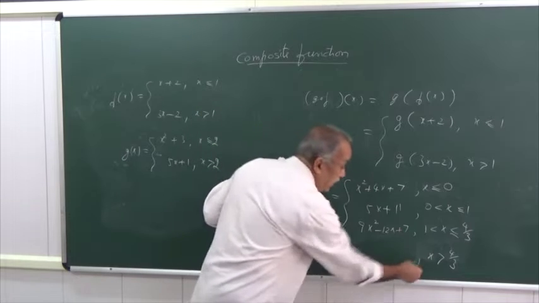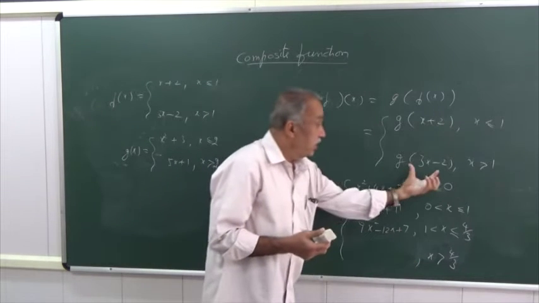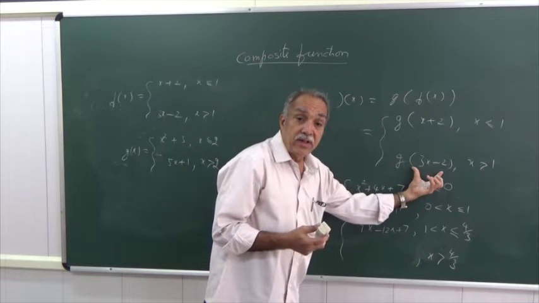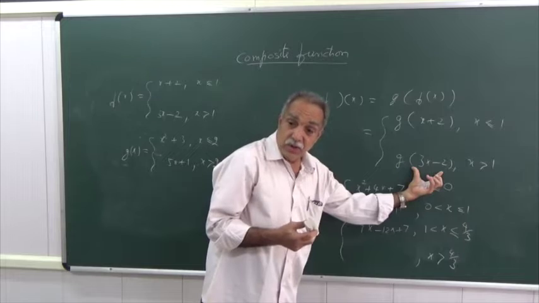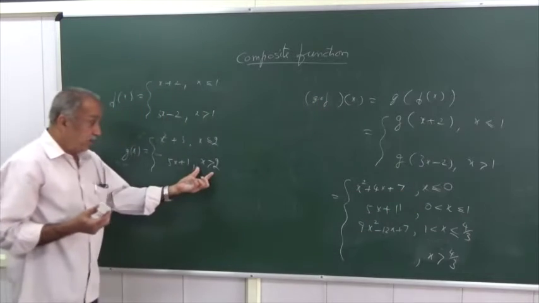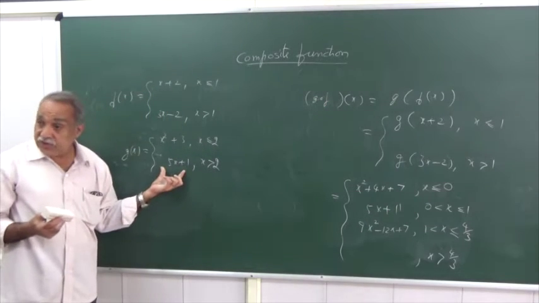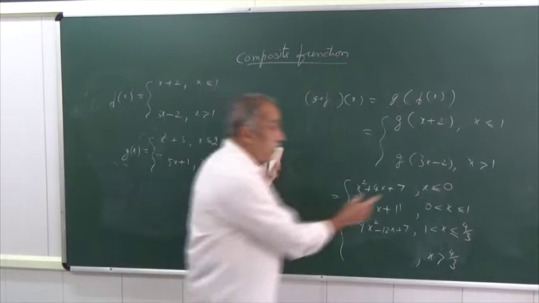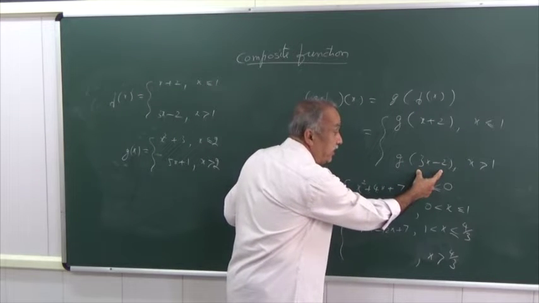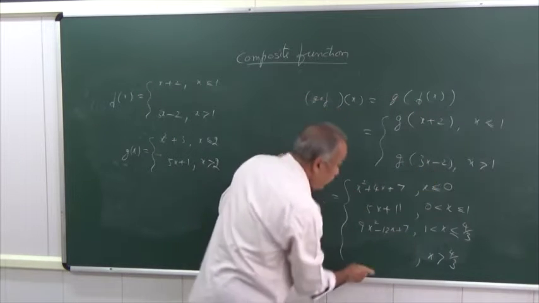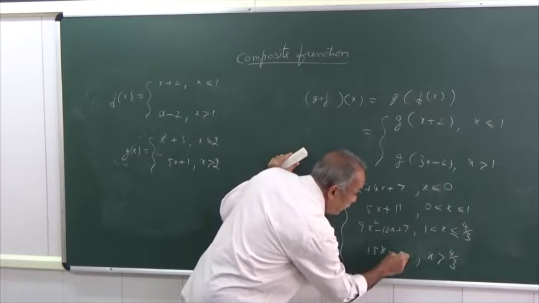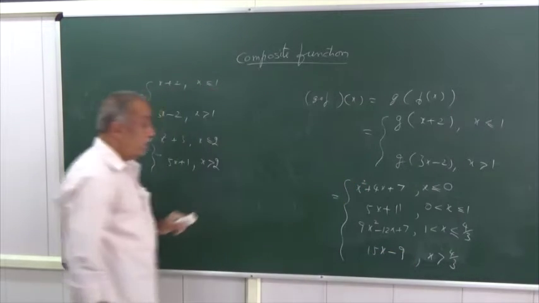Last case, x greater than 4 by 3. This is greater than 2, argument greater than 2, 5 times the argument plus 1, 15x minus 10 plus 1. Agreed?